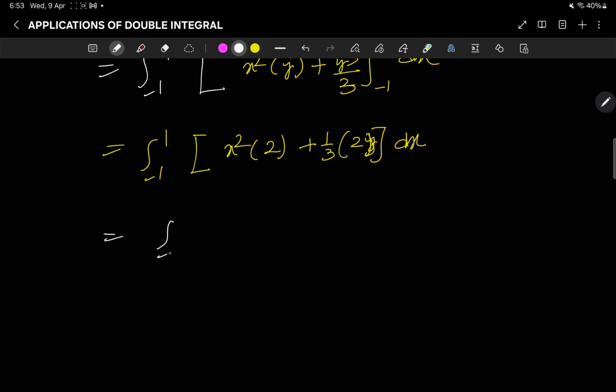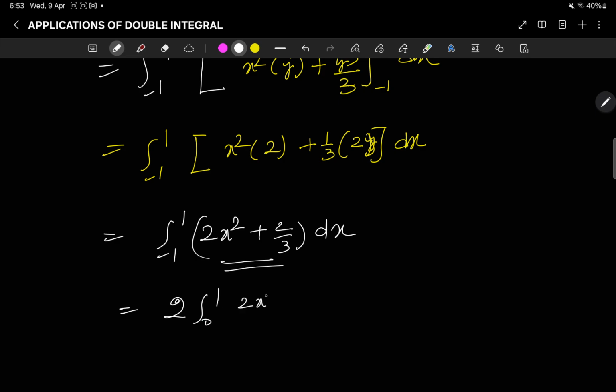So this is the integral from minus 1 to 1 of 2x squared plus 2 by 3 dx, or this function being even we can write it as twice the integral from 0 to 1 of 2x squared plus 2 by 3 dx.